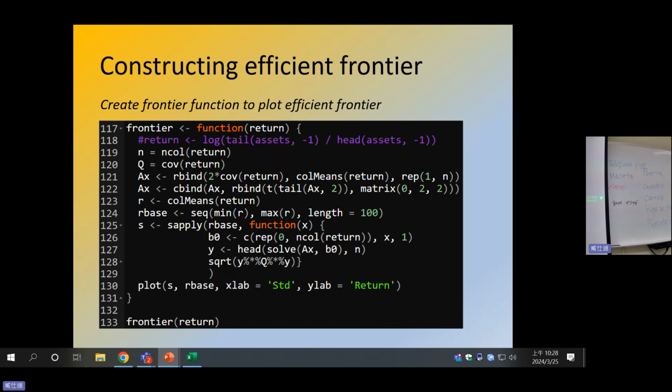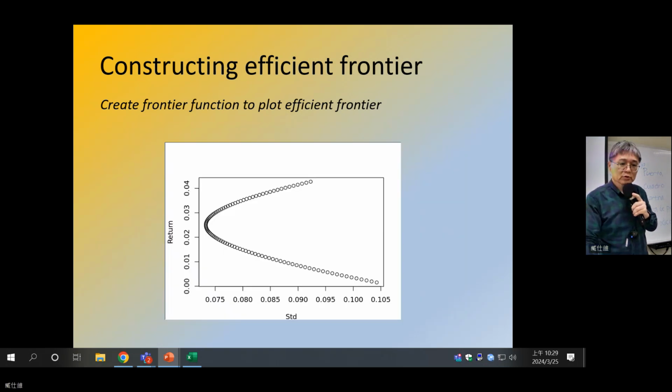Usually we have a plot followed by X and Y. X is S, the standard deviation of portfolios, and Y is the portfolio return. So we can plot this result. You can see this is the final result we get. Usually we call this plot the efficient frontier.